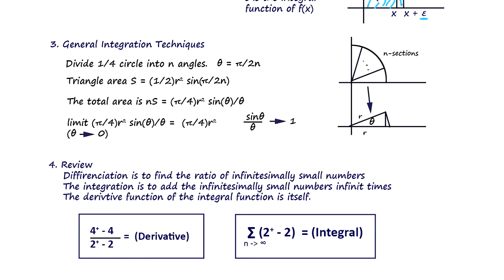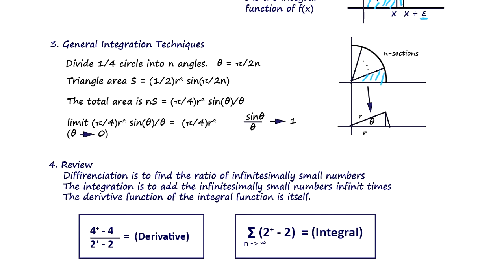Suppose you have a quarter of a circle. We divide the quarter circle into n angles. Each angle is pi over 2n. We calculate this triangle's area.